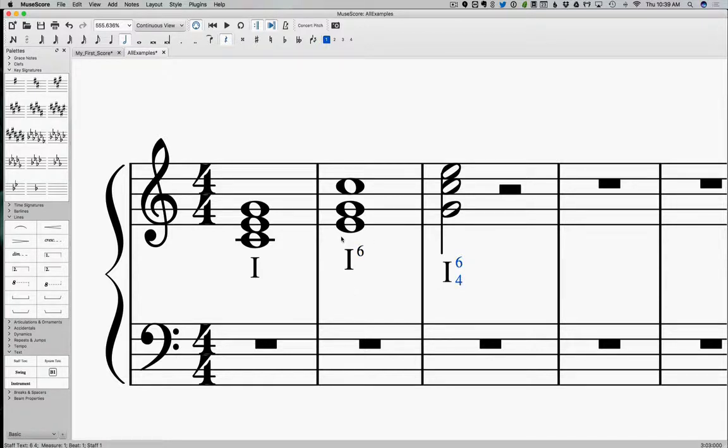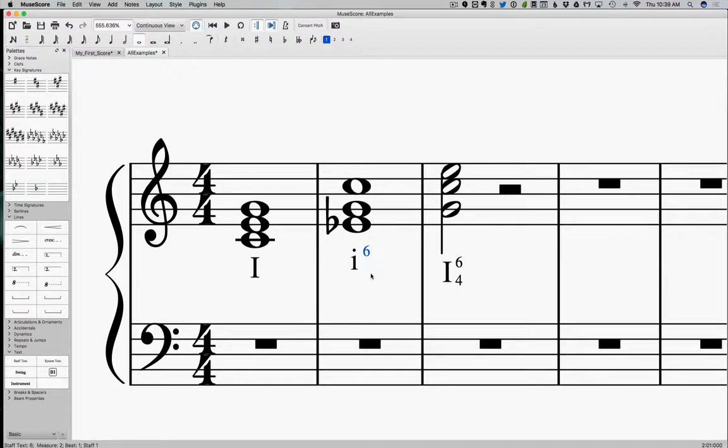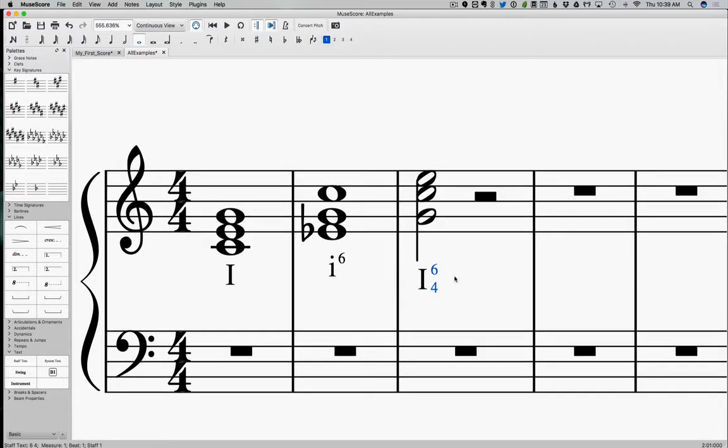Like if this was a minor triad, let's make it one. There we go. Now it's a C minor chord. If it's a 1 chord, we're going to do this, but the 6 is unaffected. It's still in first inversion. So the inversion doesn't change at all if it's major or minor.